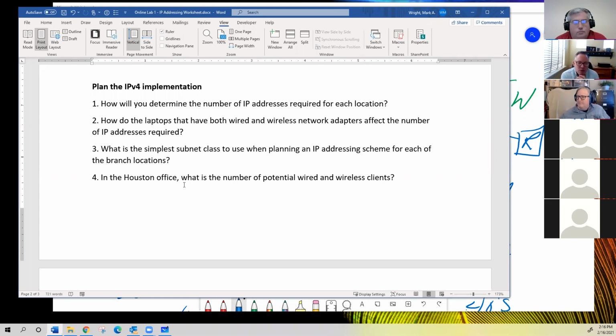So really it's using variable length subnet masking, VLSM, to determine with the subnet mask how many IP addresses you will use, and it combines those into one with the change in subnet mask. One virtual subnet.